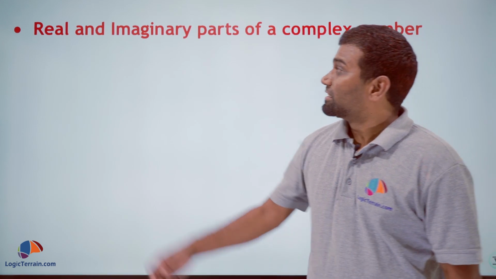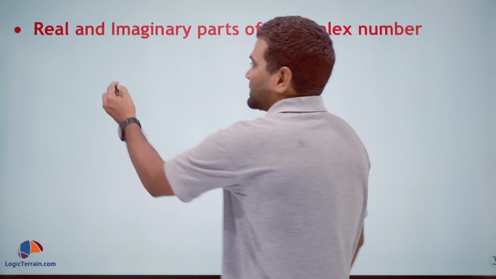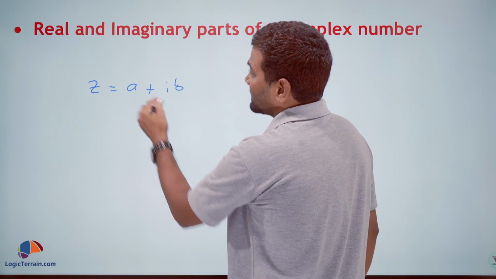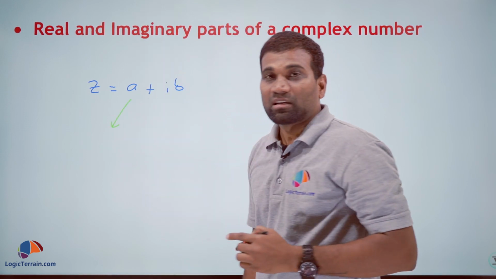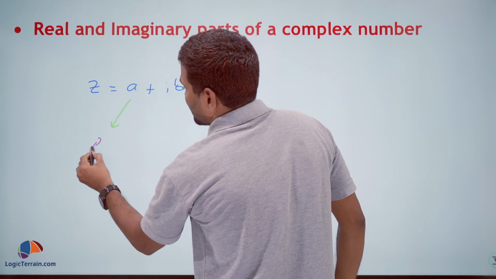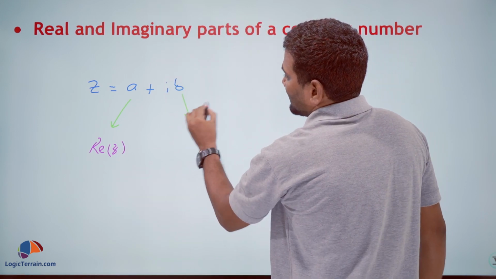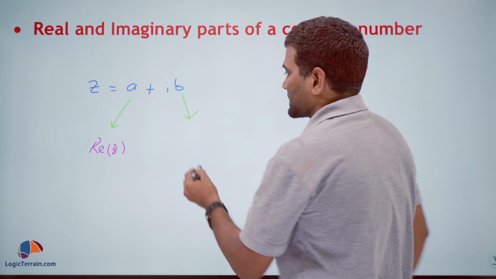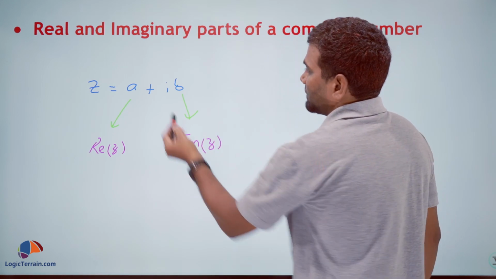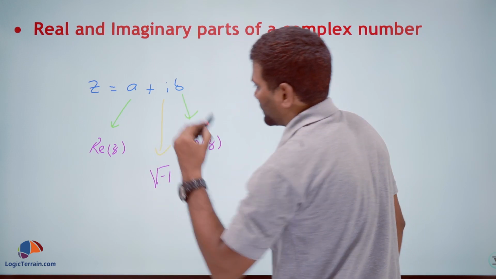Now we'll discuss the real and imaginary parts of a complex number. For the complex number z = a + ib, here a is called the real part of the complex number z and it is denoted Re(z), and b is called the imaginary part of the complex number and it is denoted Im(z), and we know i is the square root of negative 1.